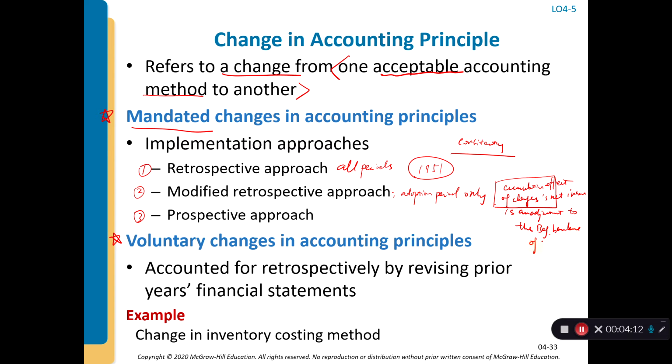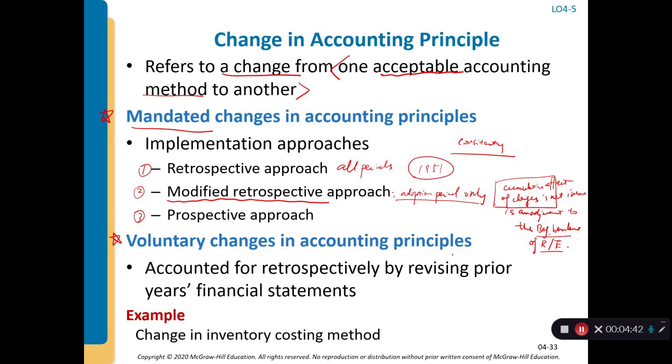to the beginning balance of retained earnings. Okay, so in other words, with the modified retrospective approach, you apply the new standard and the new principle you want to use to the adoption period. Regarding the cumulative effect of the changes on prior periods, you make one adjustment to the beginning retained earnings in the first year of the adoption period.